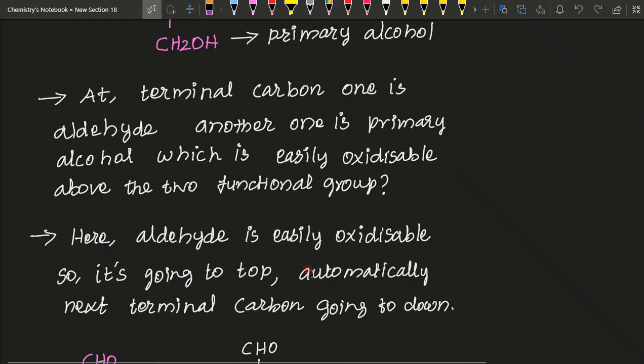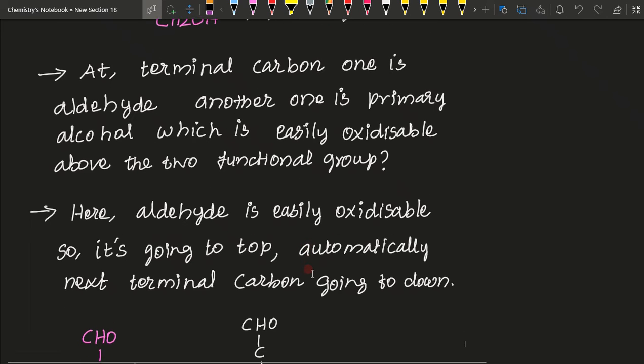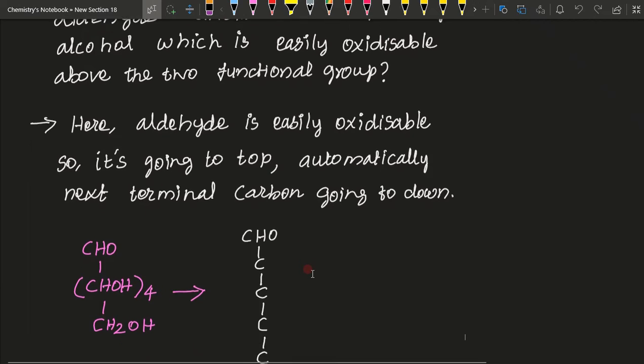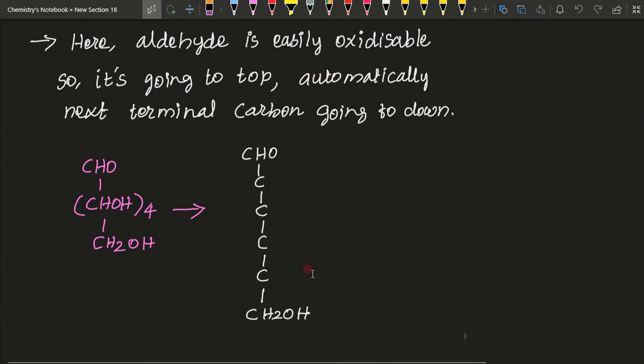Here aldehyde is more easily oxidizable, so it goes to the top. Automatically the next terminal carbon goes to the bottom. So give the first priority to the aldehyde group.